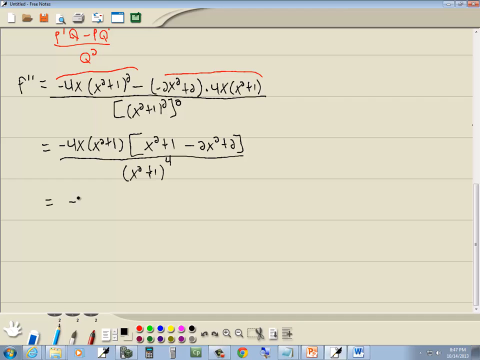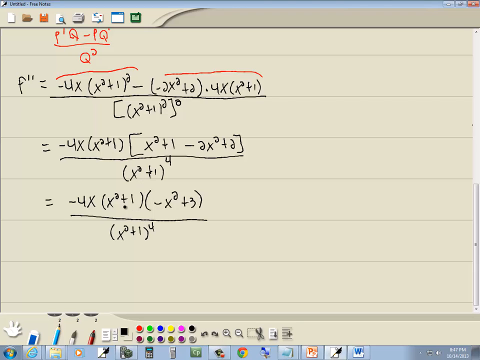Okay, enough of that. Negative 4x times x squared plus 1. We'll simplify what's inside the bracket. X squared minus 2x squared gives us negative x squared. 1 plus 2 gives us 3. All over x squared plus 1 to the 4th power.